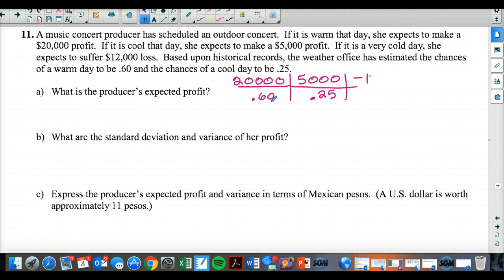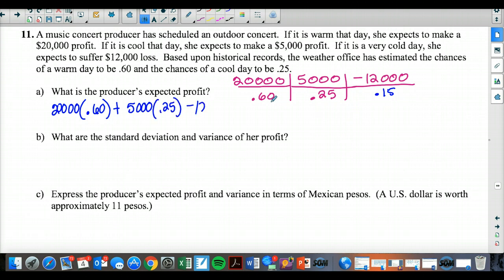You're going to have a loss of negative $12,000 if it is the remaining amount, which is a very cold day. A very cold day you had to figure out on your own to be 0.15. They gave you enough, but they didn't give you that one value. So your expected profit should be 20,000 times 0.60 plus 5,000 times 0.25 minus 12,000 times 0.15.